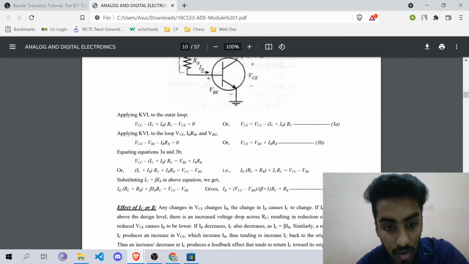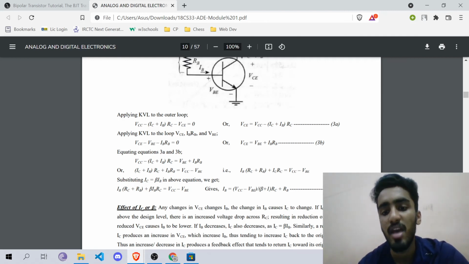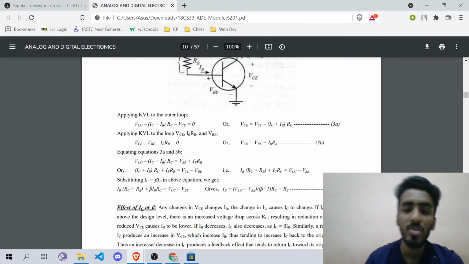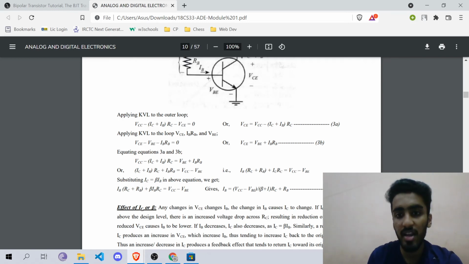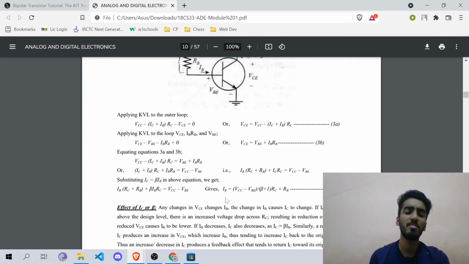Now this reduced VCE causes IB to lower, and if IB lowers, then IC also decreases as IC is equal to beta IB. Now this means that if we increase IC, then VC will decrease, and this VC decrease will decrease the IB, and this IB in turn will decrease the IC. Same goes vice versa.